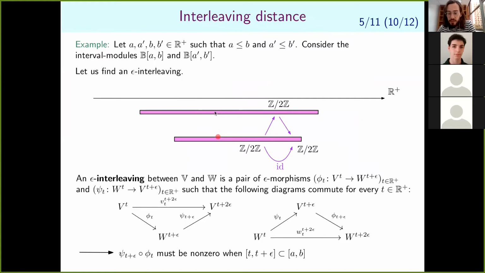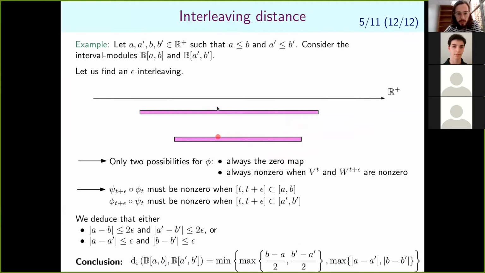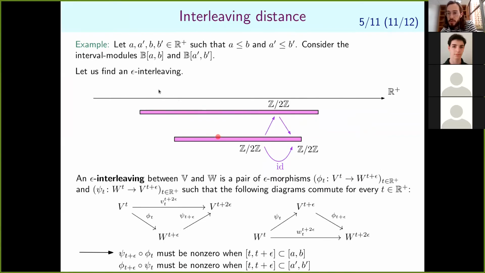So at the end, what I obtain is that an epsilon interleaving must be composed of identity maps where it can. And so these diagrams can happen if I stay always in the barcode.